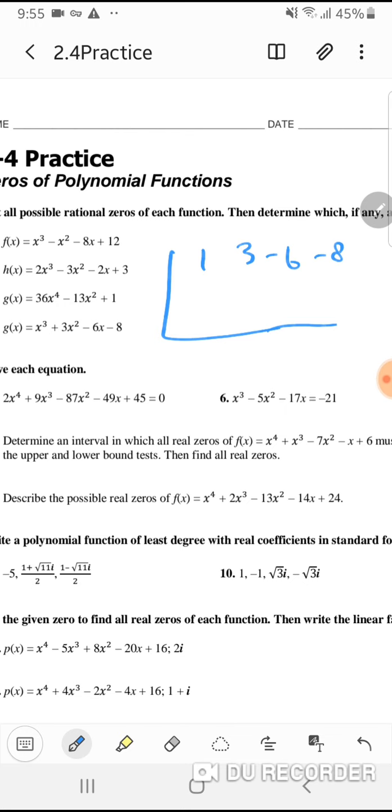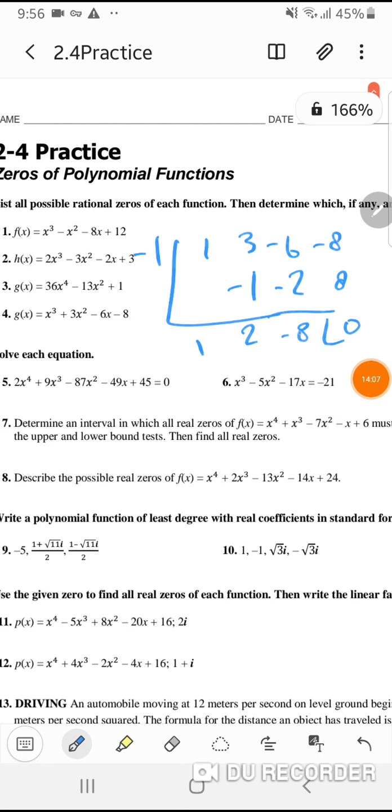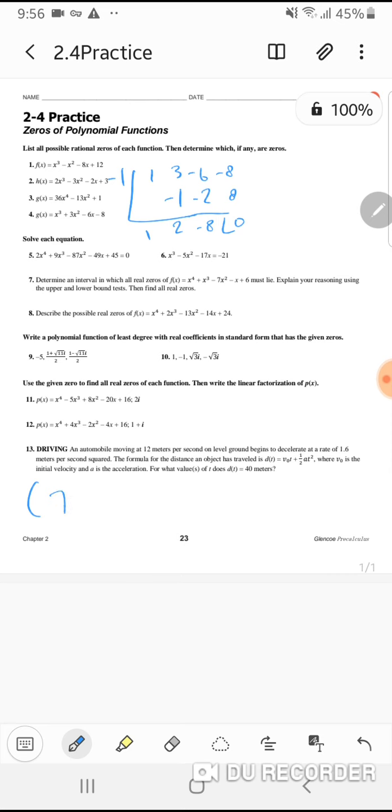So let's put -1 because I got it from the online calculator. So -1, that's 2, -2, that's -8, and then 8, so that's 0. So we have x plus 1, because that's x equals -1.